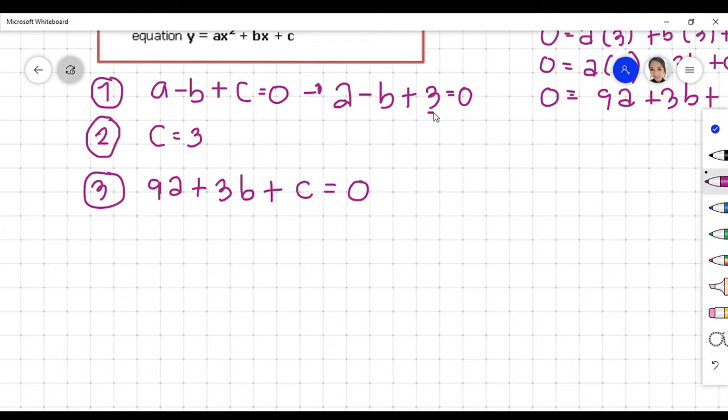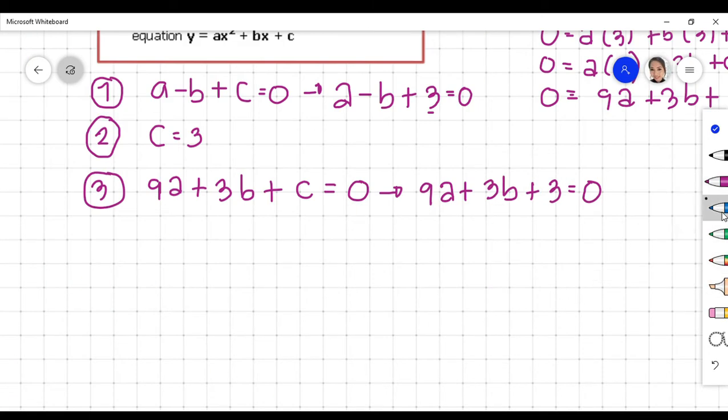So we just replace our c by 3. And also, our third equation will now become 9a plus 3b plus 3 equals 0.